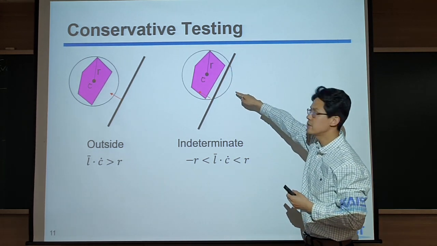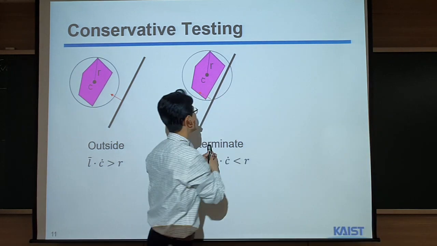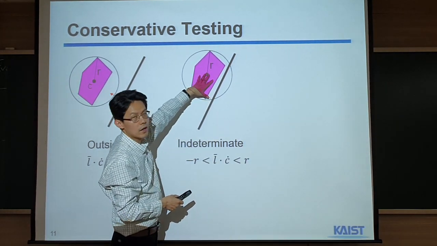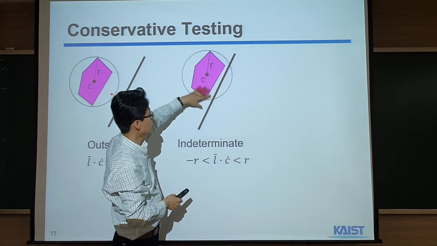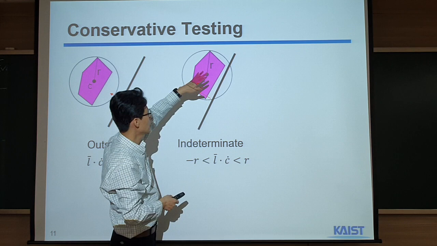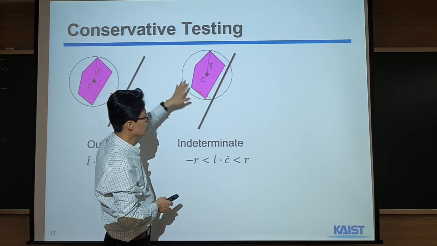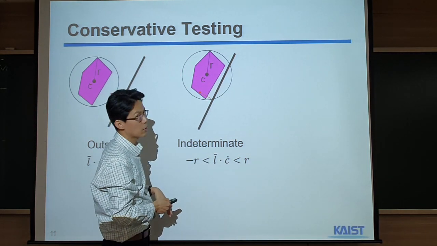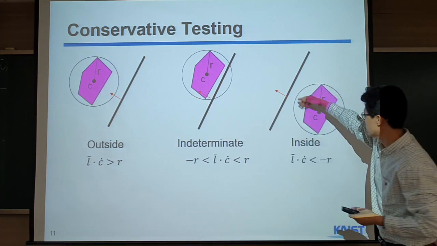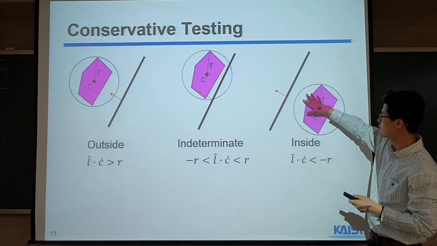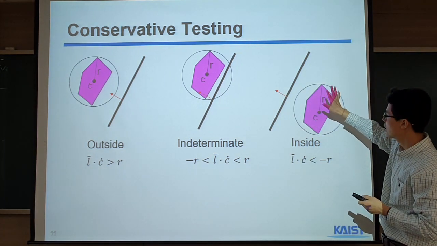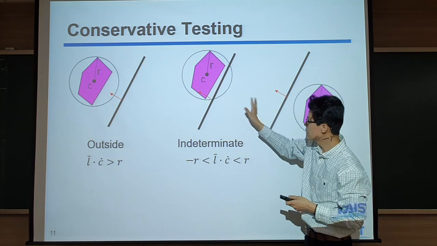Since there is a gap between the bounding volume and the actual object, even though the polygon is outside, in terms of the bounding volume we cannot decide whether it is outside or inside. The other case is where the bounding volume is totally inside of this line. In the in-between case, we have to rasterize it.